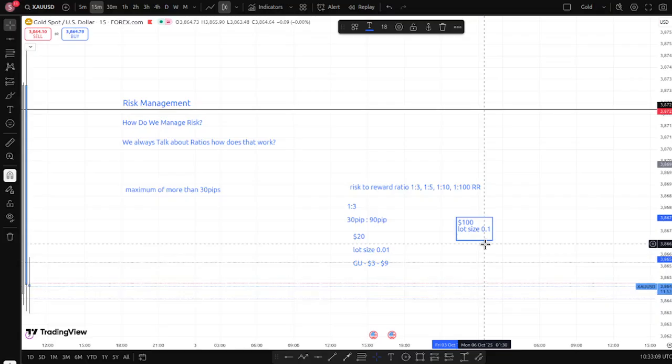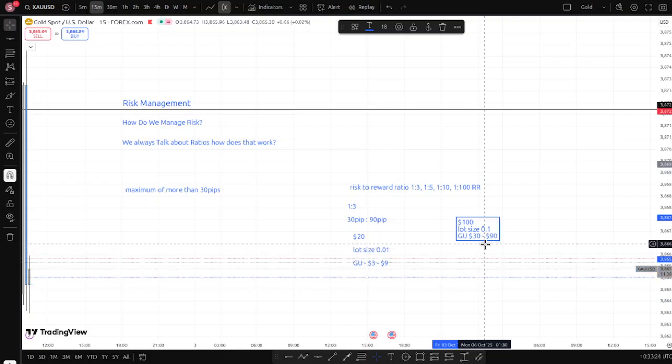If your lot size is 0.1 on GU, your stop loss is $30. Right? Because you are risking 30 pips. Your reward is going to be $90.